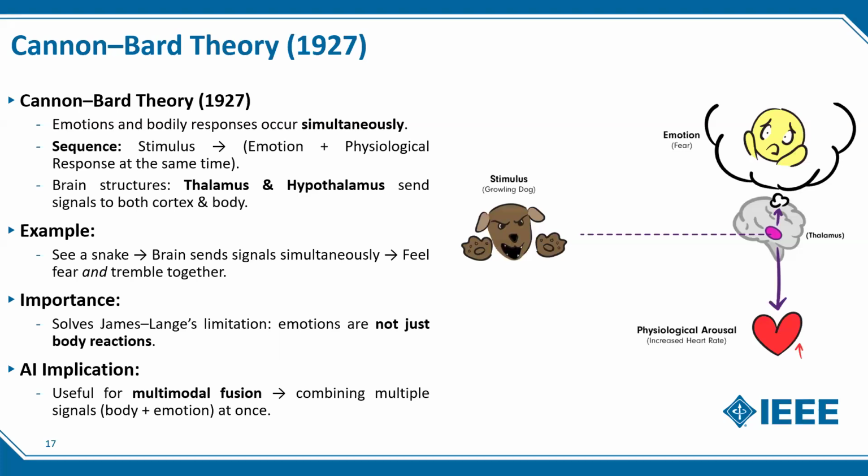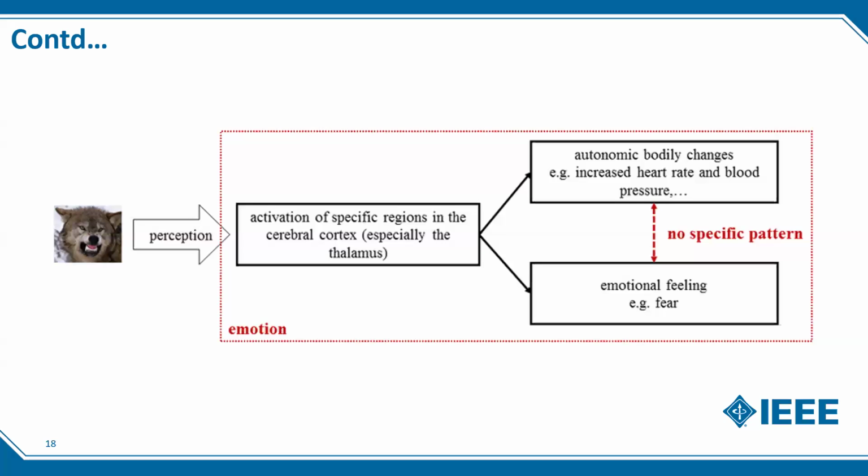For example, when we see a dog barking, simultaneously there is physiological arousal, for example an increased heart rate, and at the same time the emotions are generated. This concept is used in multimodal fusion, for example combining multiple signals, body signals and emotions.